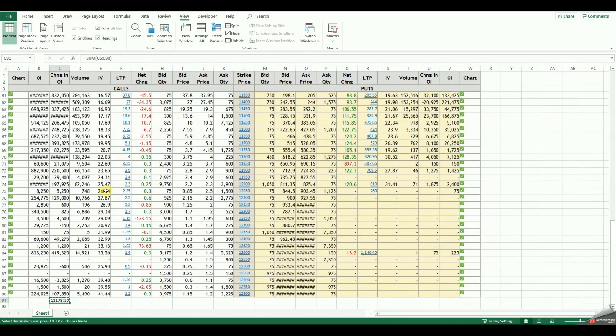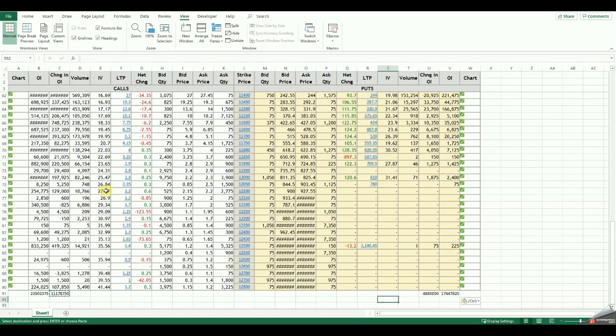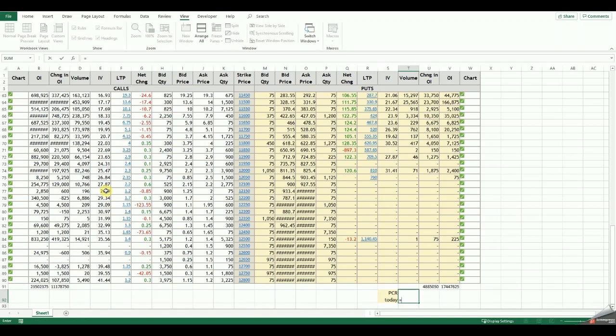I'm doing a sum here, sum here, sum here, sum here. PCR today is equal to this put divided by this call, 0.74.